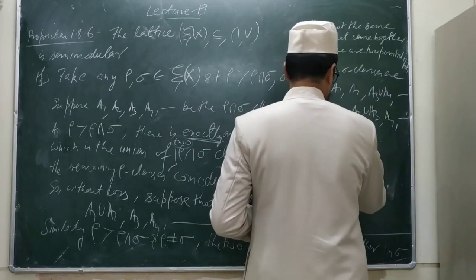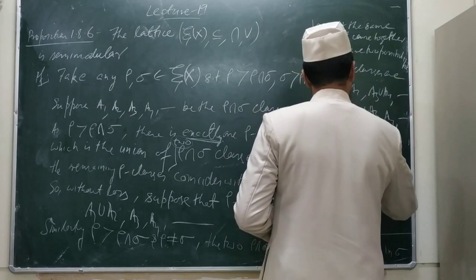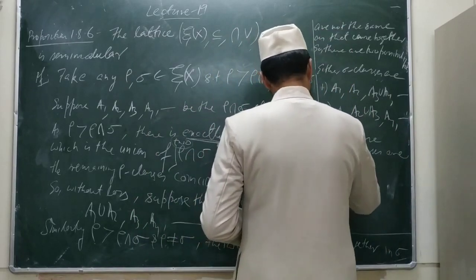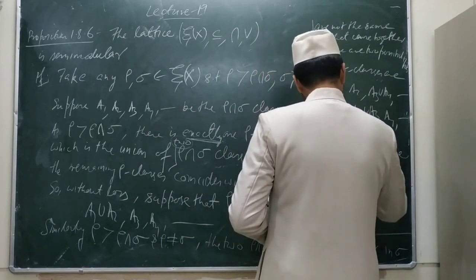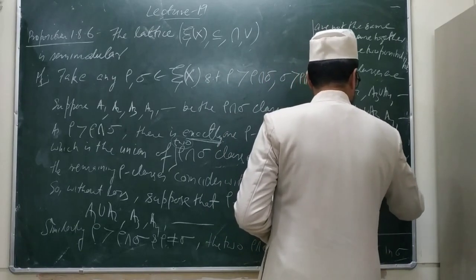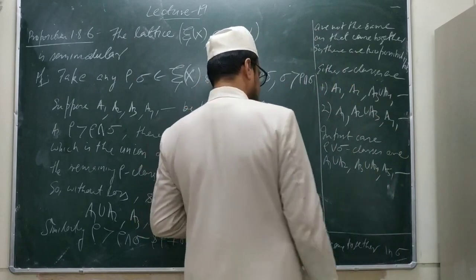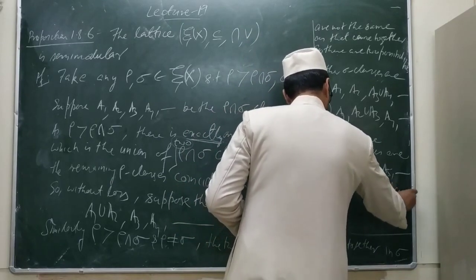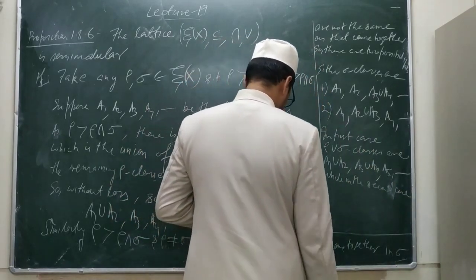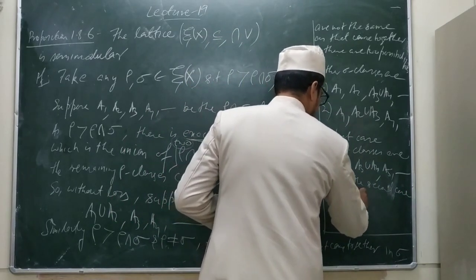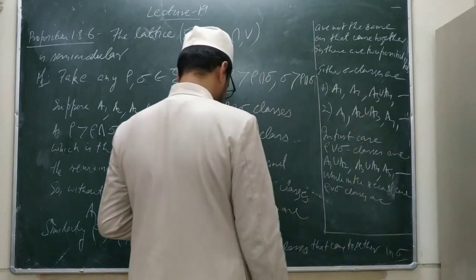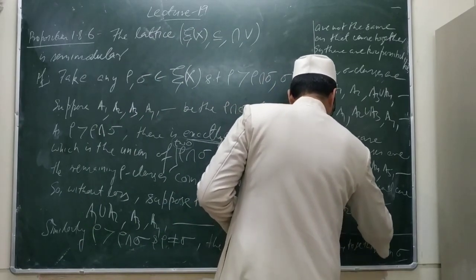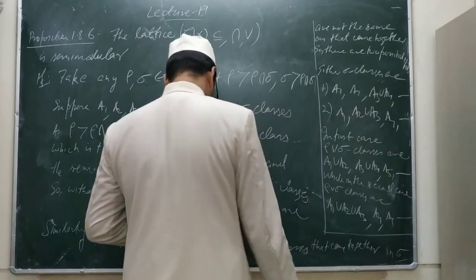rho join sigma classes are A1 union A2, A3 union A4, A5 and so on, while in the second case rho join sigma classes are A1 union A2 union A3, A4, A5, and so on.